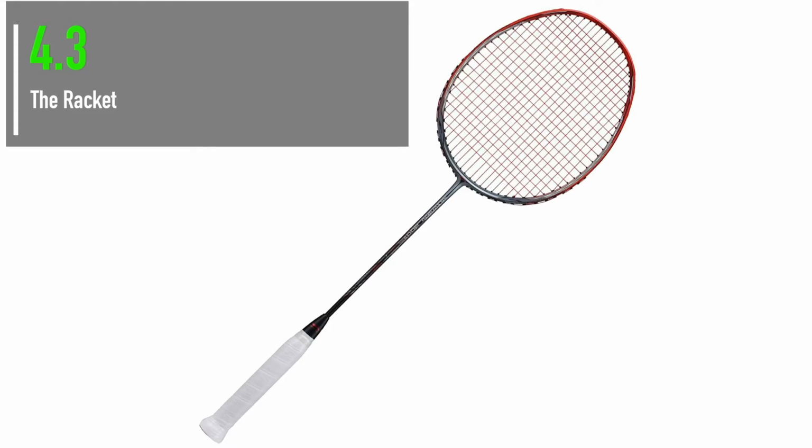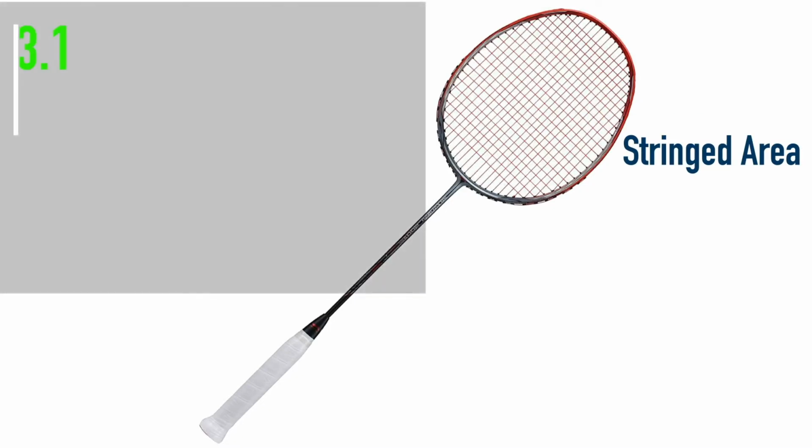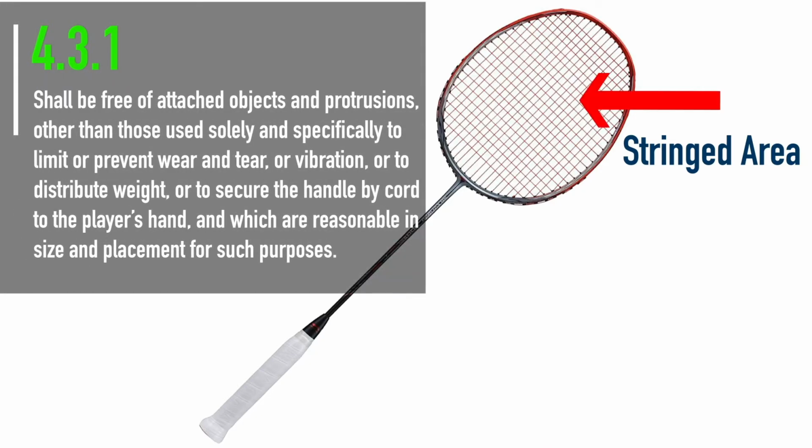4.3. The racket. The racket shall be free of attached objects and protrusions, other than those used solely and specifically to limit or prevent wear and tear or vibration, or to distribute weight, or to secure the handle by the cord to the player's hand, and which are reasonable in size and placement for such purposes.